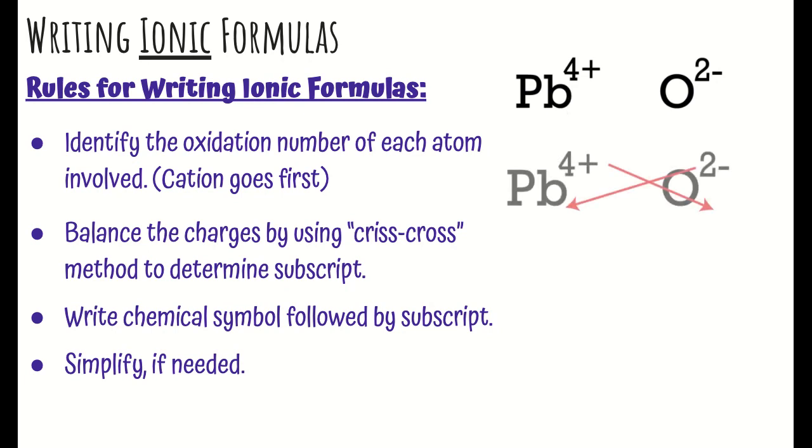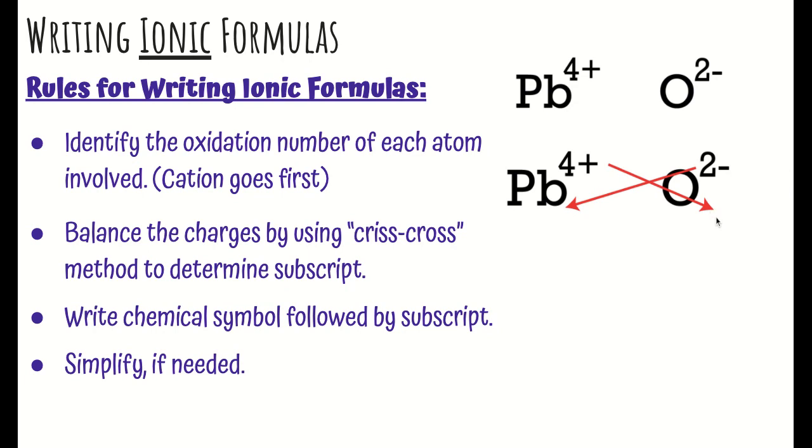To do that, we use a crisscross method, okay? Whatever the oxidation number is, you're going to crisscross that down and across, and it goes with the other atom. So this +4 for the lead is going to get moved down here with the oxygen. When you move these over, the plus and minus no longer matters. It's no longer representing a charge.